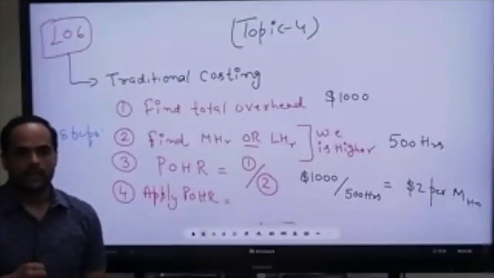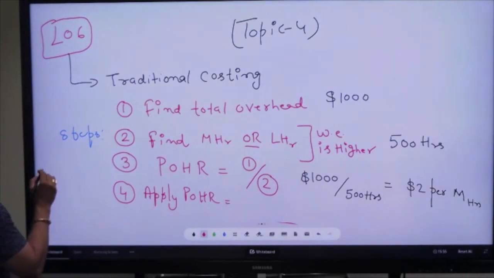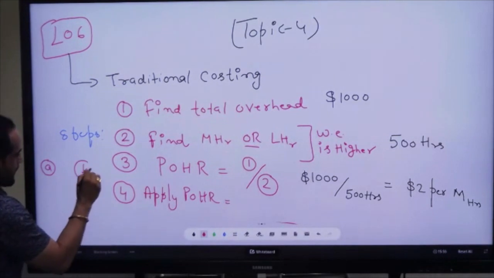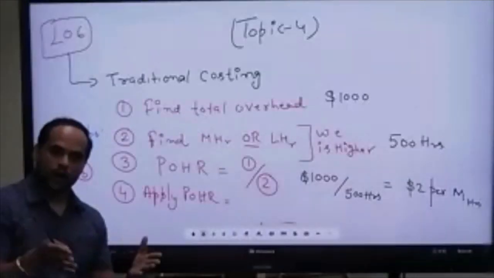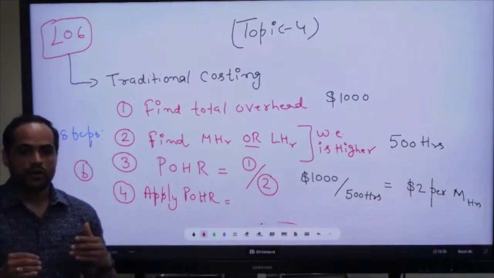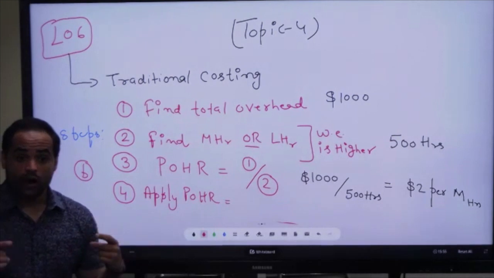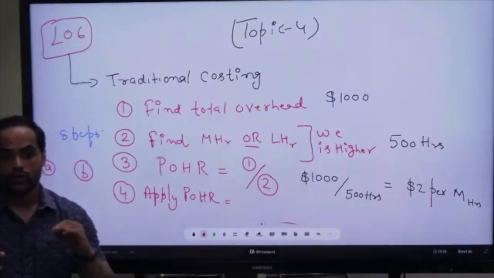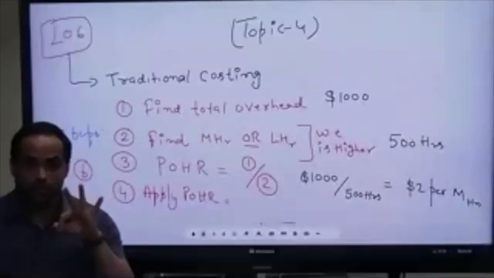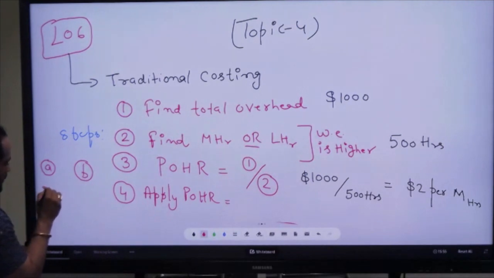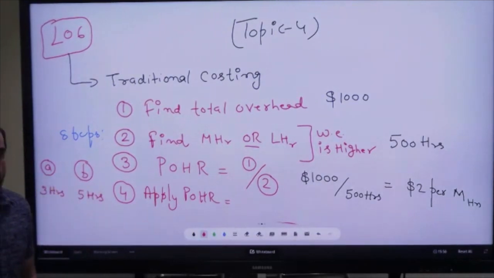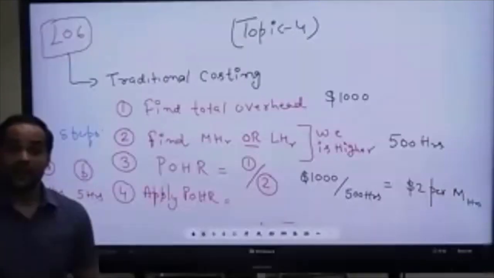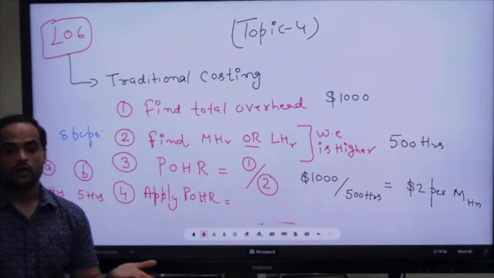For example, we have 2 products, product A and product B. As per the question, to produce product A you require 3 machine hours, so the machine runs 3 hours, and the machine runs 5 hours to produce product B. So what will be the overhead cost for product A and for product B?